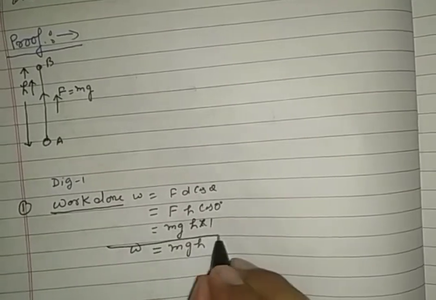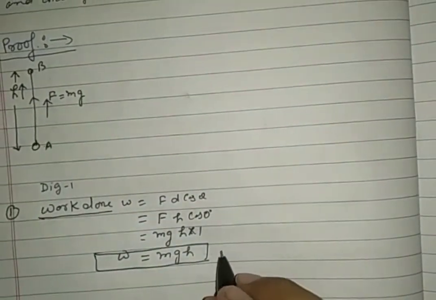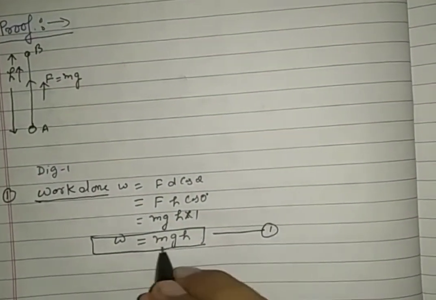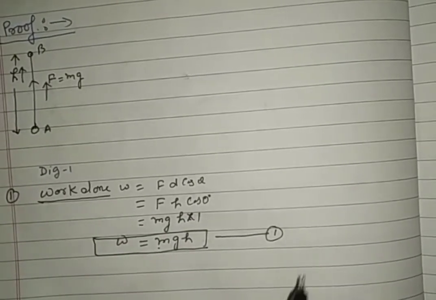The required work done to lift a ball from A to B vertically upward is given by equation 1, that is mgh according to diagram 1.